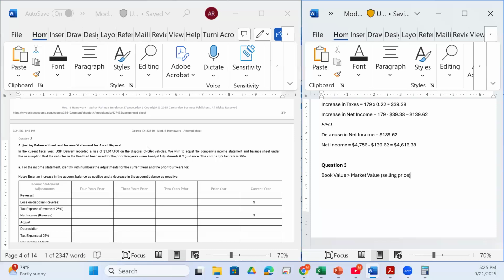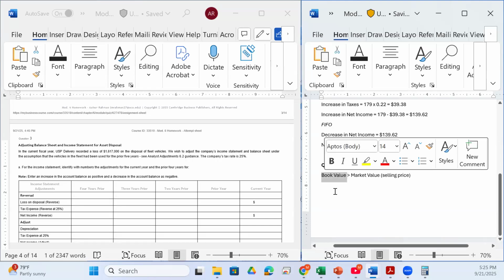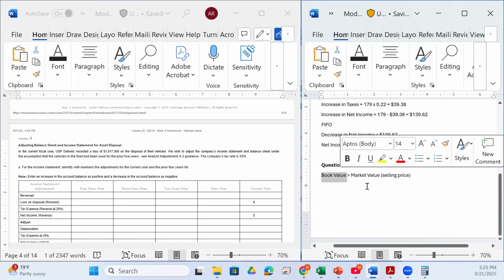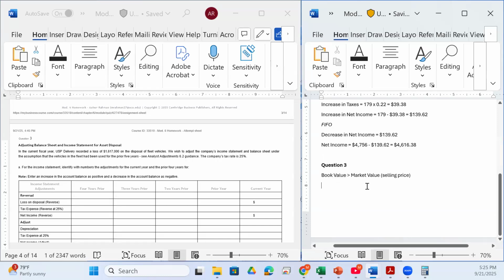It doesn't serve the purpose. Probably they need a new one, so they want to sell it. But they incurred a loss because they couldn't sell at the same amount that is reported under book value. They sold the vehicle at a lower amount, resulting in a loss relative to the book value, right?